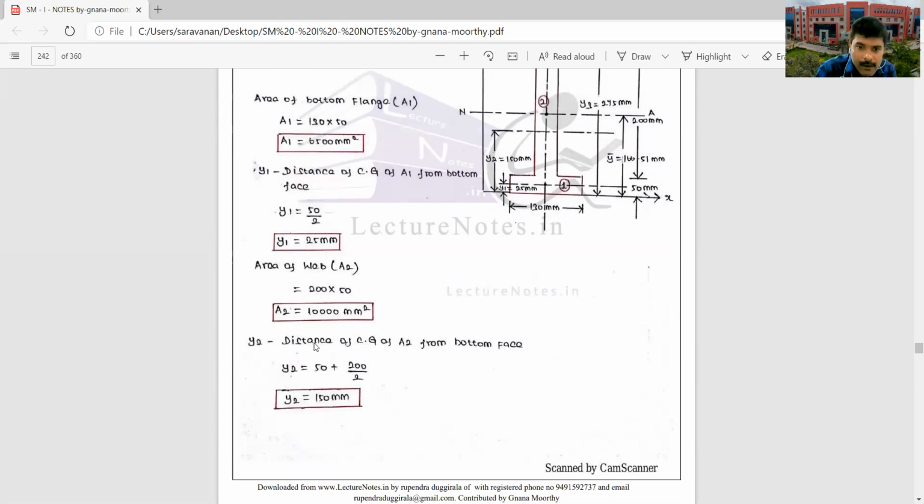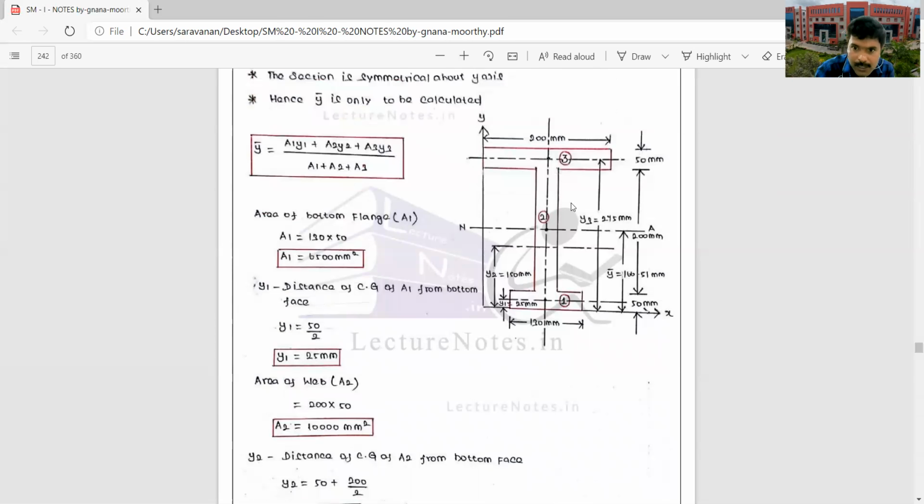And the area of the web, section 2: A2 is the web, whose depth is 200 mm and thickness is 50 mm. Therefore A2 is 200 into 50.